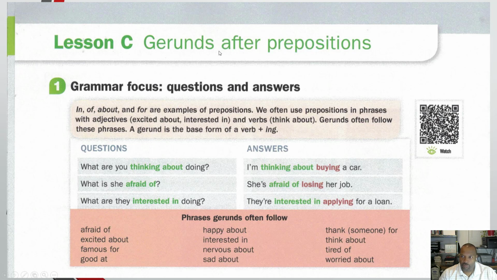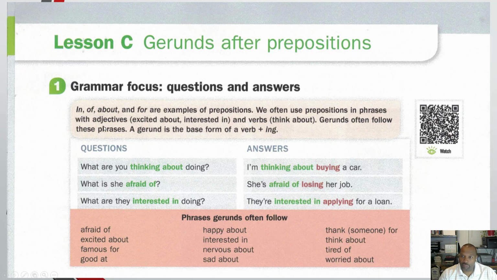So to recap, gerunds after prepositions. We remember what gerunds were: verb plus ing, but we use it as a noun because we're talking about parts of speech, not tense. In, of, about, and for are examples of prepositions. Afraid of, interested in, thinking about. We often use prepositions in phrases with adjectives. Remember what phrases are? In Unit 6, we talked about phrases.